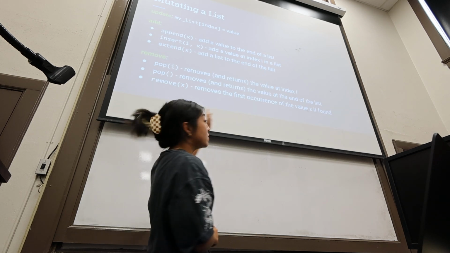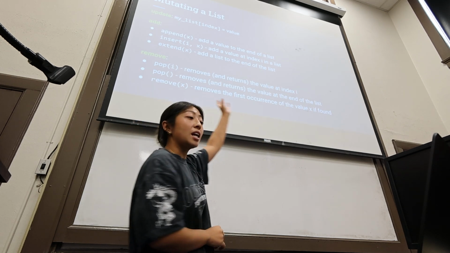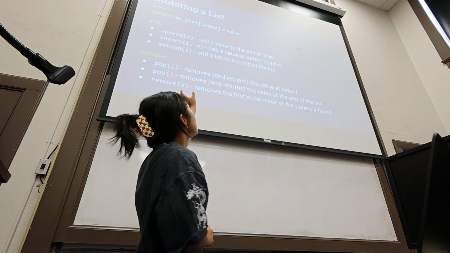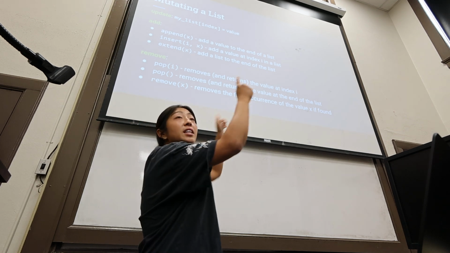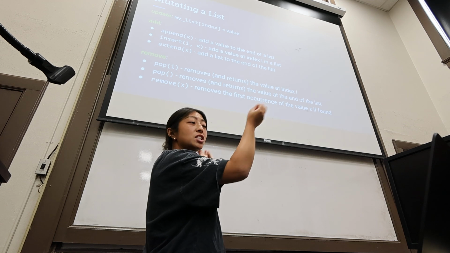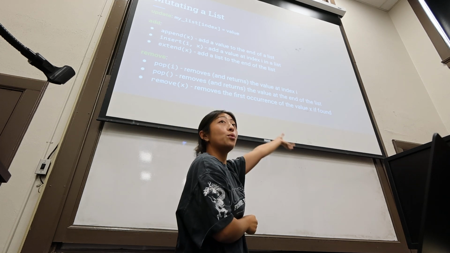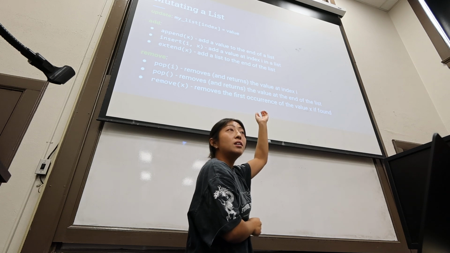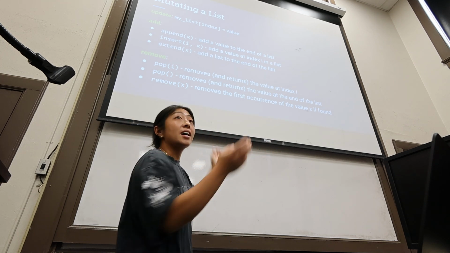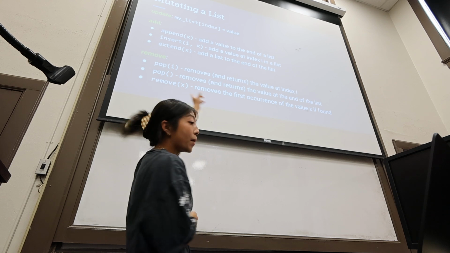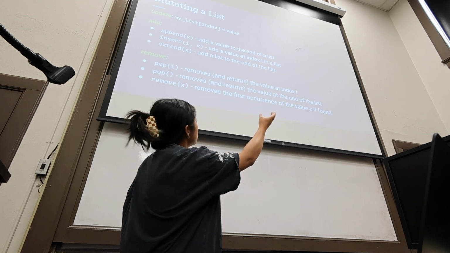So mutating a list, we've seen these things. We can update an item in a list by using this syntax: my list, specifying the index of the thing you want to replace and change, and then telling the computer the new value you want to be in that position. If you wanted to add items to a list, you can use .append, which is just adding a value to the end of the list.